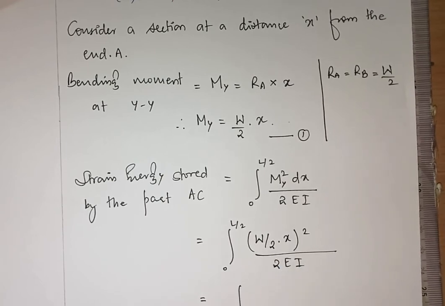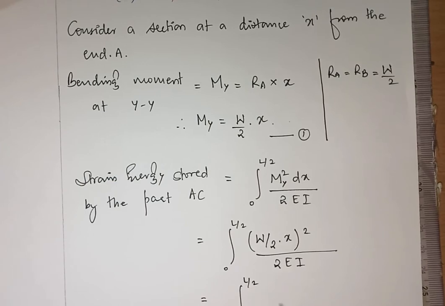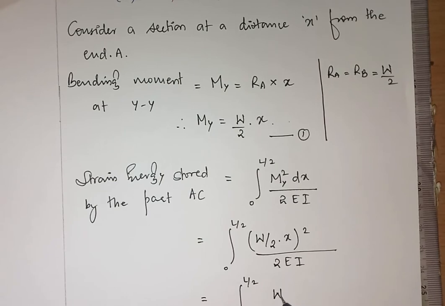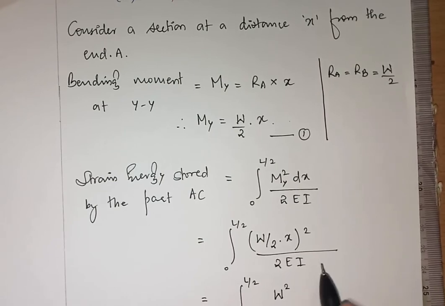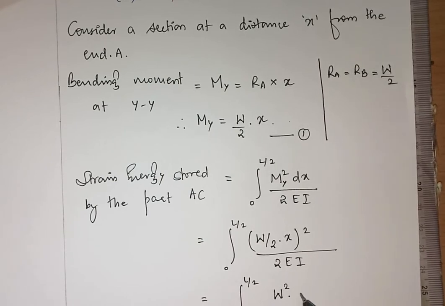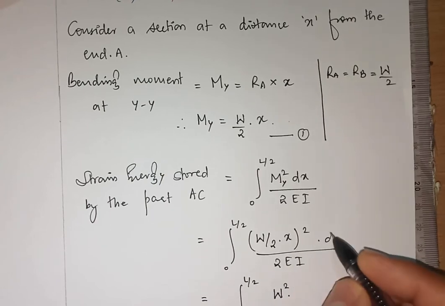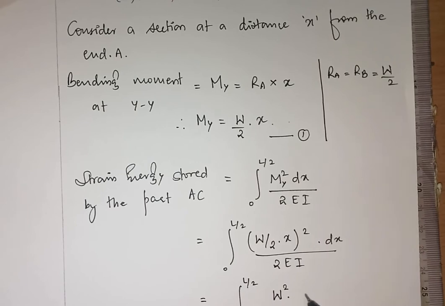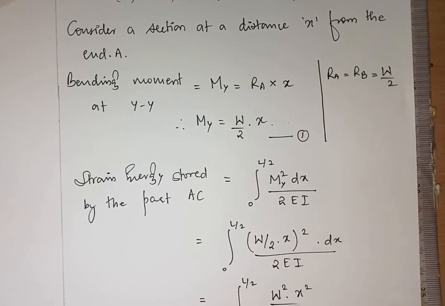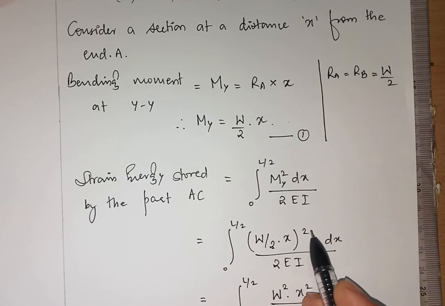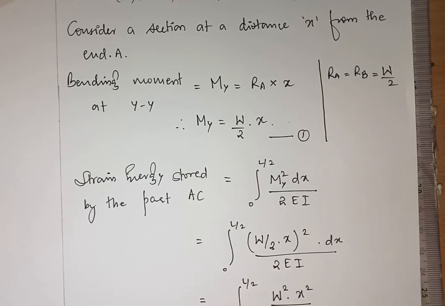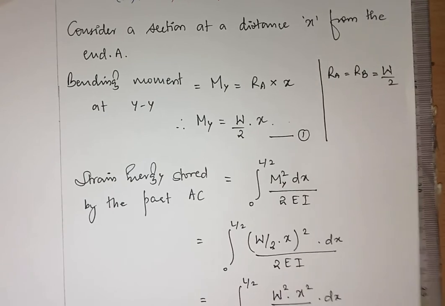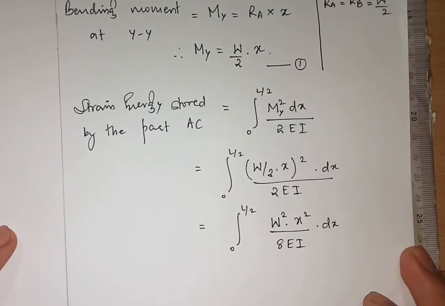What I'll be getting here is the integral from 0 to L by 2 of W square into x square divided by, 2 square is 4, that 4 into this 2 is 8 times EI, into dx.